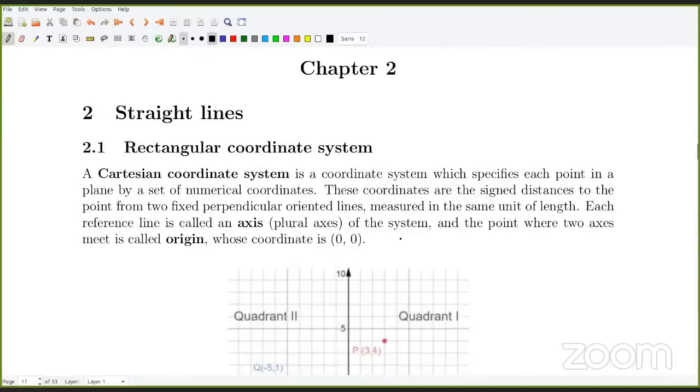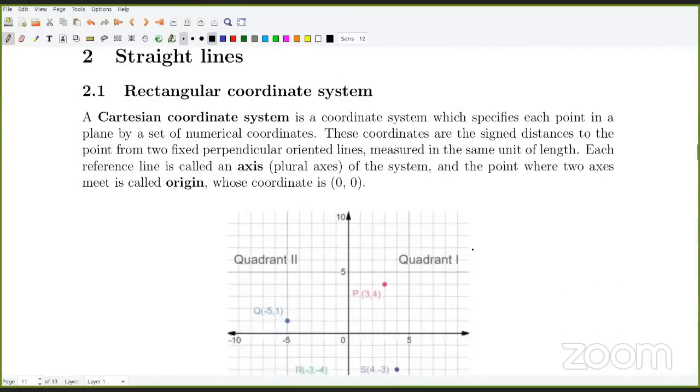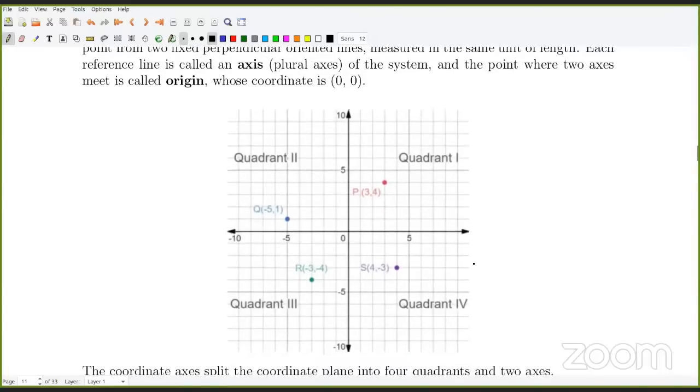So you know rectangular coordinate system which has 2 axes and 4 quadrants. Each quadrant, so this is a positive quadrant. This is called origin, and this is x-axis, and this is y-axis, and this is the positive quadrant where both x and y are positive.